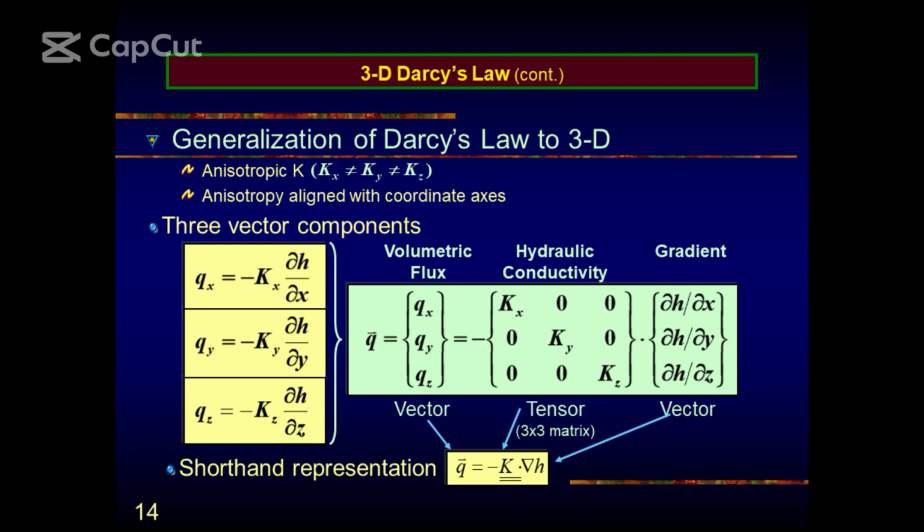When we have a vector, which has three values, qx, qy, qz, isn't it? This is a first rank tensor, which has three values. Vectors belong to first rank tensors.